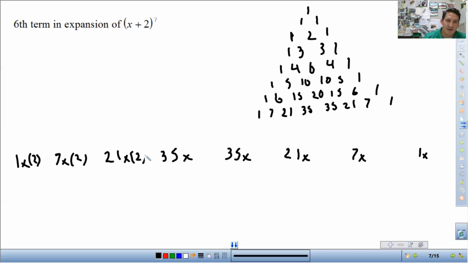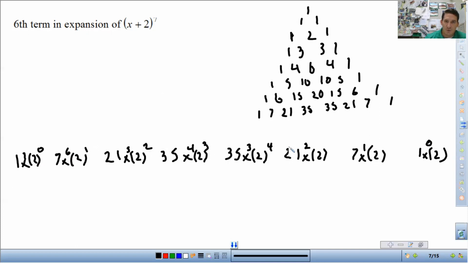I'm just going to do this because I'm going to have to count up. That's just how my brain works. So I'm going to do this whole first part, but then I'm only going to simplify the one term that I need. The X starts at 7, 6, 5, 4, 3, 2, 1, 0, and the 2 starts at 0, 1, 2, 3, 4, 5, 6, 7.